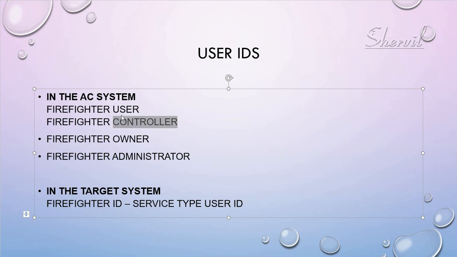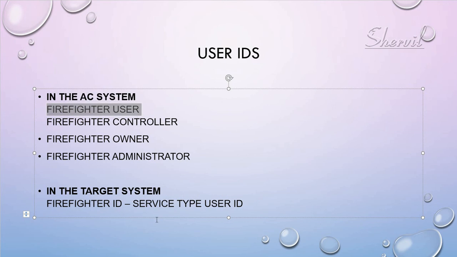Okay, so those people's IDs have to be created or need to exist in the GRC system. These are the three types of users that need to be there in the system, along with your ID, the GRC administrator's ID. And in the target plugin system, a special ID has to be created, which is mapped in the GRC system to the firefighter user.